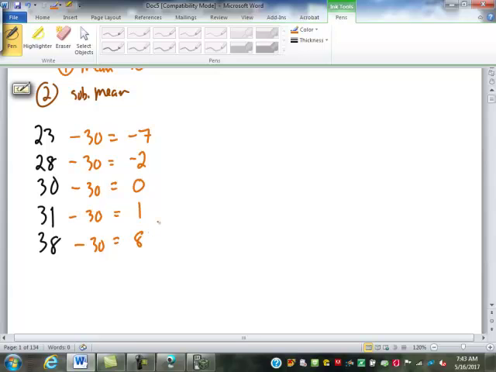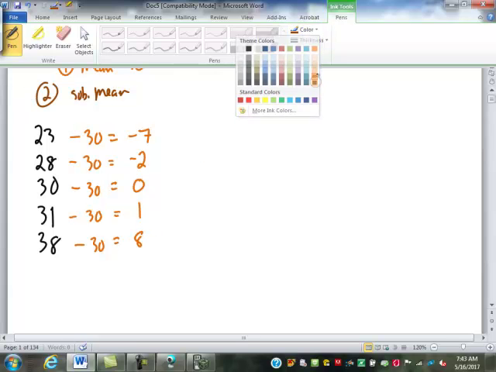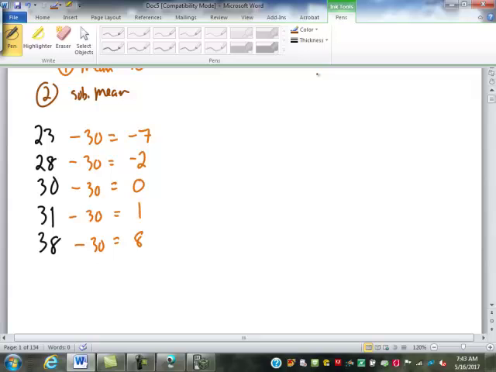And 38 minus 30 is 8. What is the next step? Square them all, yes. Step 3 is squared.